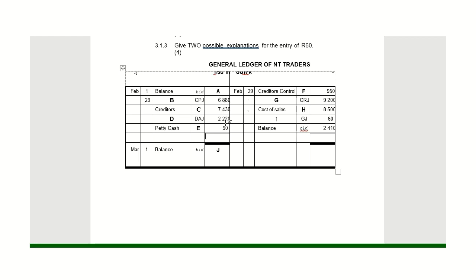And if I add up all of this, it must give me the same total there. So these two must be the same. So if I've got one item missing, I can simply add up all the credits, get a total, add up the debits that they gave me, get a total, and work out the difference. And that will be what A should be.